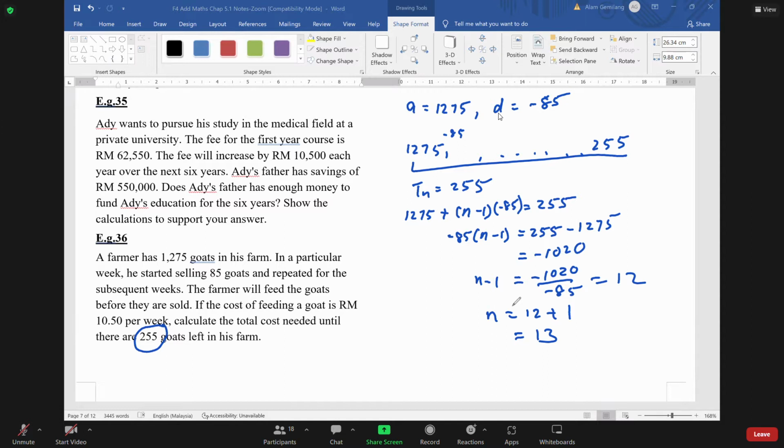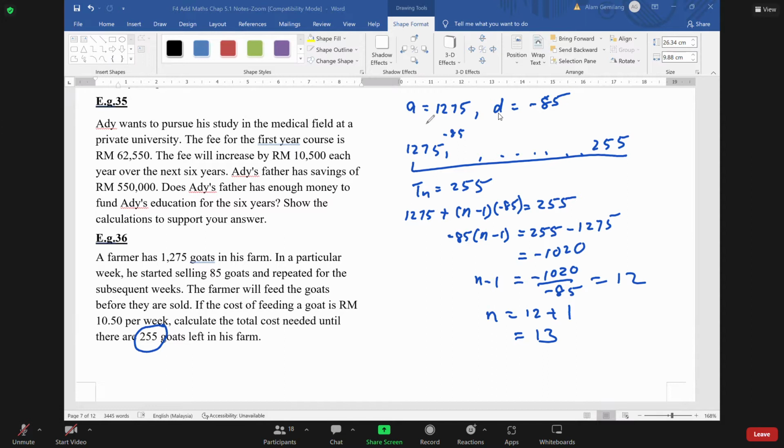Okay, but in these 13 weeks, how many goats does the farmer have to feed? Don't think wrong. How many goats altogether the farmer has to feed for these 13 weeks?